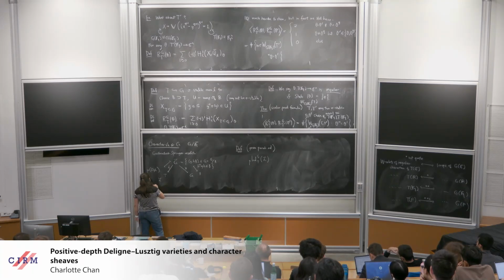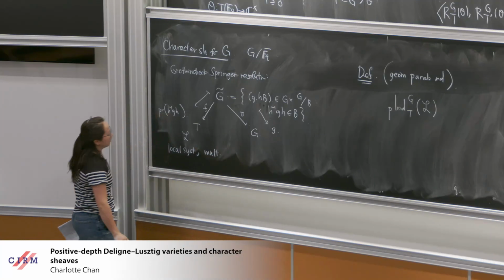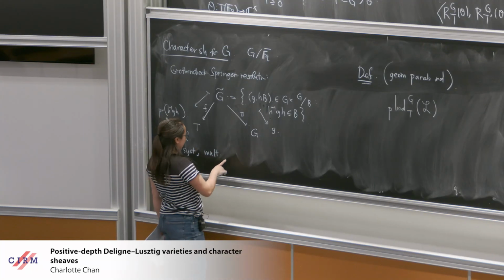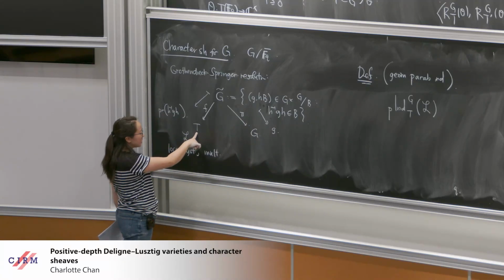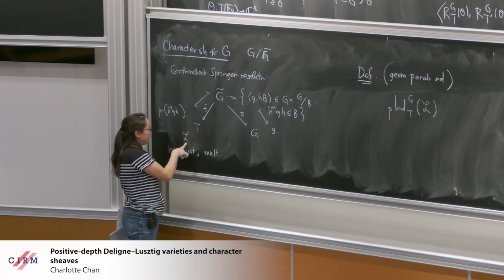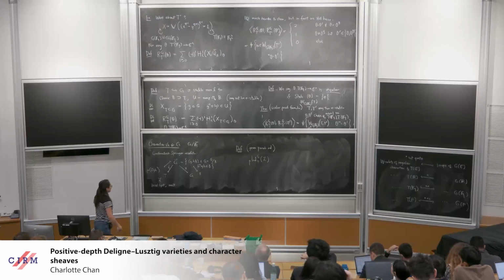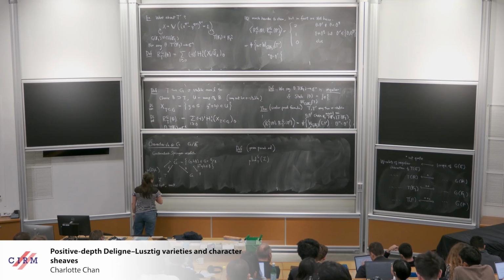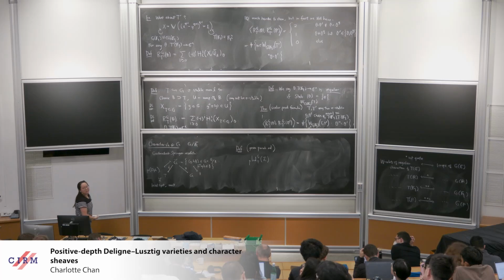I think I'll only care about local systems, which have the additional property that they're multiplicative, which means that if you pull back L under the multiplication map from T times T to T, you just get L box L. And so if this is not an object that you've seen before, I want you to think of this object as being the analog of a one-dimensional representation in the previous discussion.